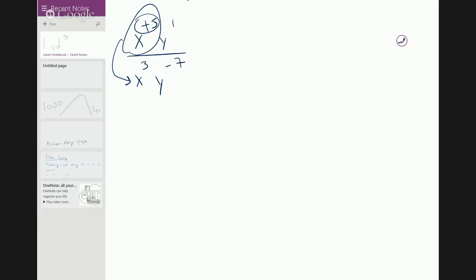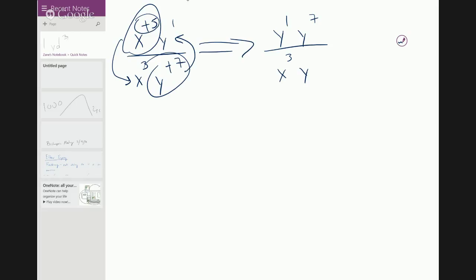Similarly, I have this y to the -7th down here in the denominator, so I'm going to automatically make it positive and move that whole thing up here. When we do those 2 things, we end up with y to the 1st times y to the 7th over x to the 3rd times x to the 5th.